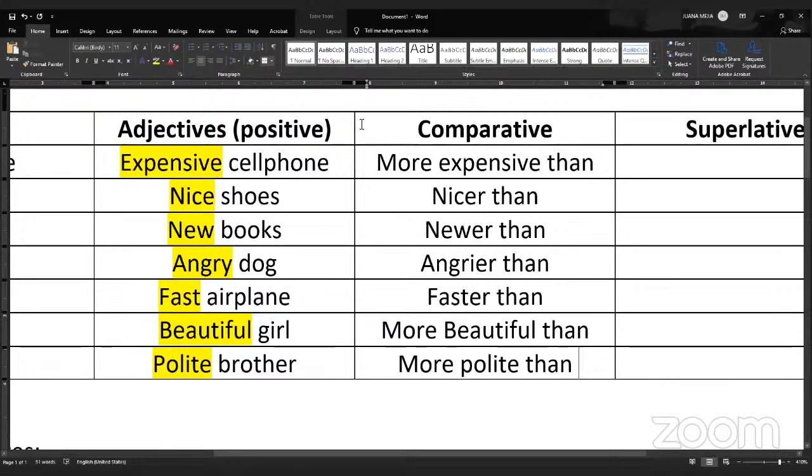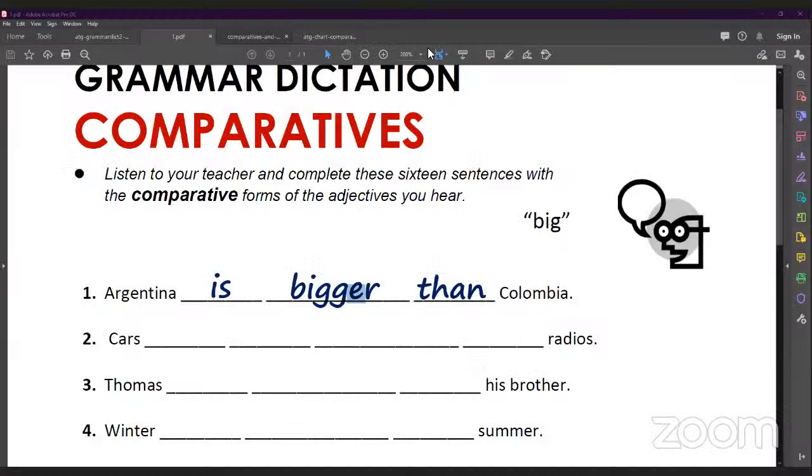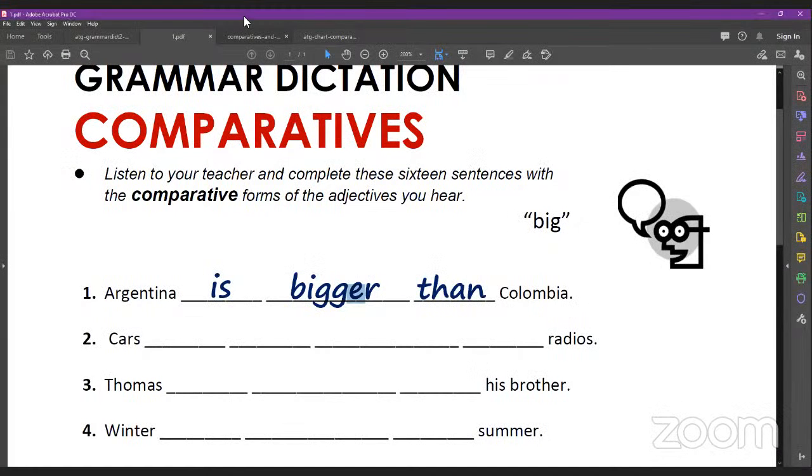Okay, I think it's time to practice. Give me a minute. Let's carry out this activity.